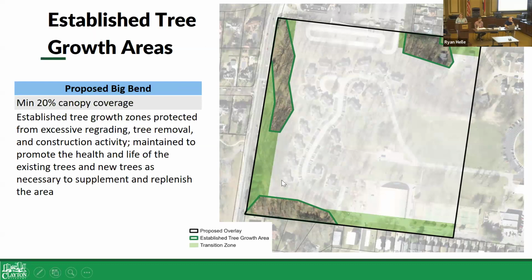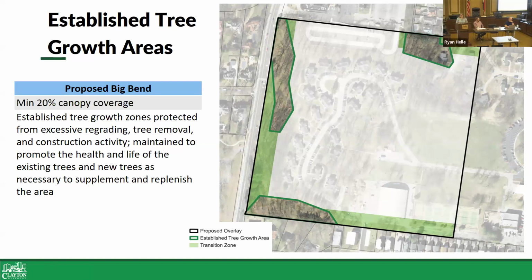We used that along with information about the existing grading on the site and the location of other infrastructure such as buried sewer lines and electric, items that will either need to be removed because they serve existing buildings that would be removed, or are likely locations for additional work on the infrastructure. And what we've done is cut out these established tree growth areas and put additional protections on these in particular.